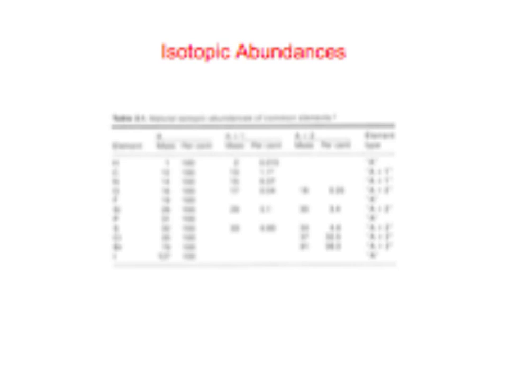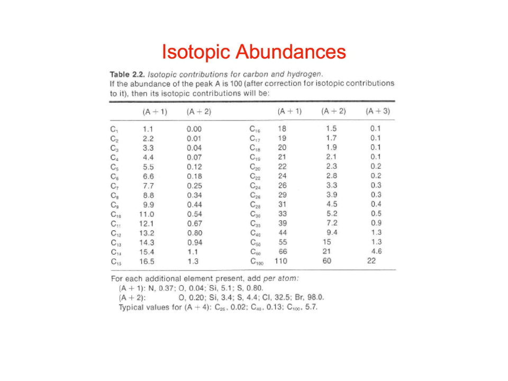Okay, and another table is this one, which tells us how big that M+1 or A+1 and the A+2 peaks should be for the number of carbons. All right, so notice as we go down here, the +1 peak just increases by 1.1 each time.